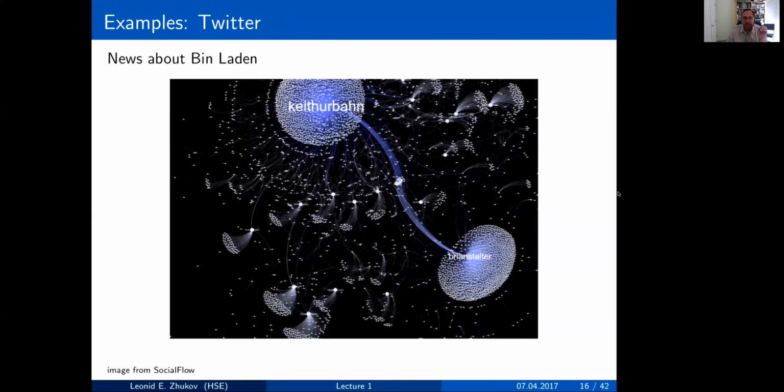This is, again, old news, but also a very nice visualization of Twitter: the news about when Bin Laden was captured, and how it originated from two sources and then was retweeted through the rest of the Twitter universe.